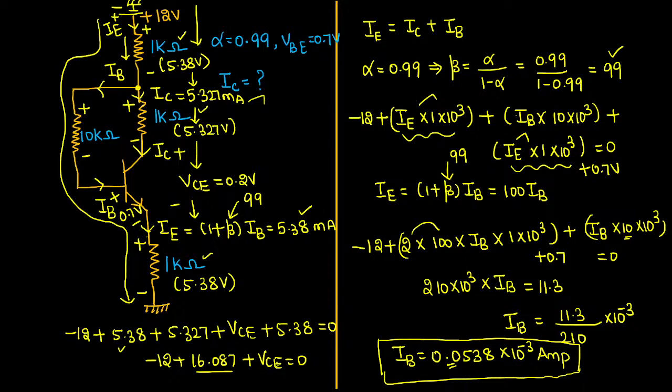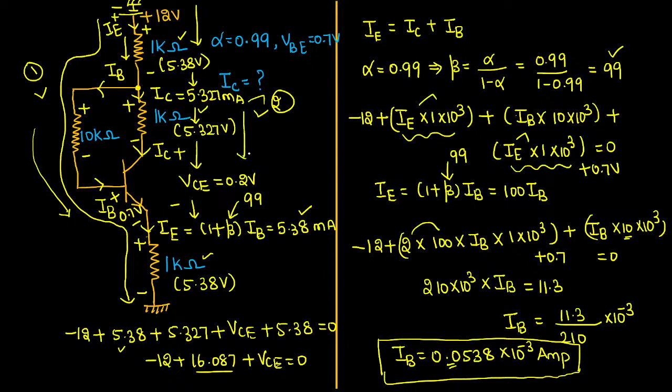Apply KVL. You can apply KVL on both sides, but you can't bring in the direct relation between collector and base current like IC equal to beta times IB. That kind of relation you cannot write here directly. Just apply KVL on the input side, and again apply KVL on the output side.